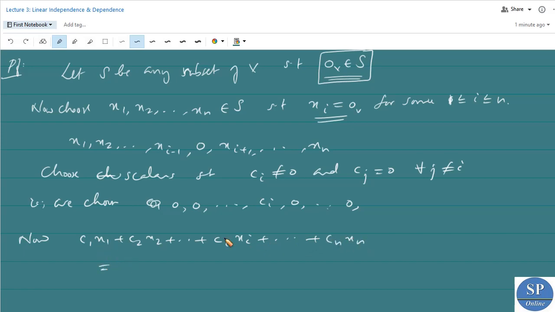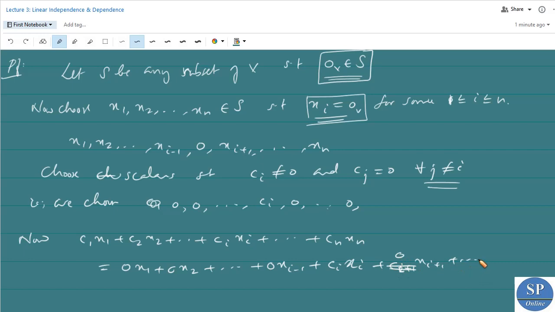Since cj = 0 for all j not equal to i, this is 0·x1 + 0·x2 + etc. + 0·x(i-1) + ci·xi + 0·x(i+1) + etc. + 0·xn. But we took xi = 0, so ci·0 = 0, and the whole sum is equal to 0 in V.